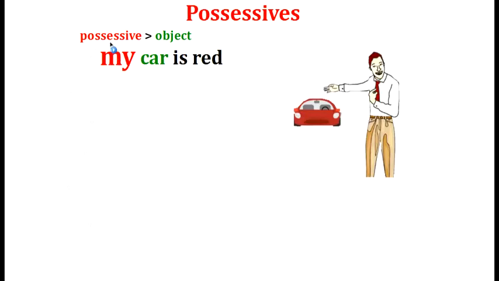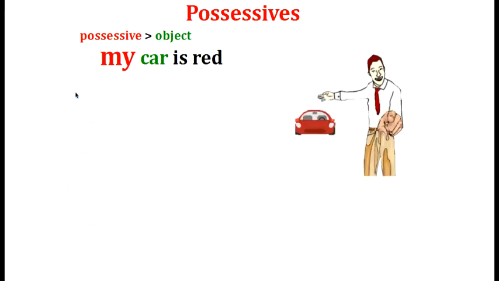My is the possessive, and it describes the possession of the car. My car is red. Or your car is red. Now, your is a possessive when we talk directly to a person. Your car is red.